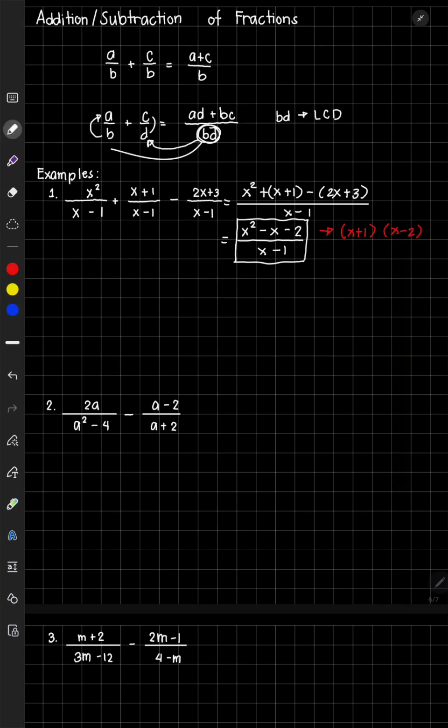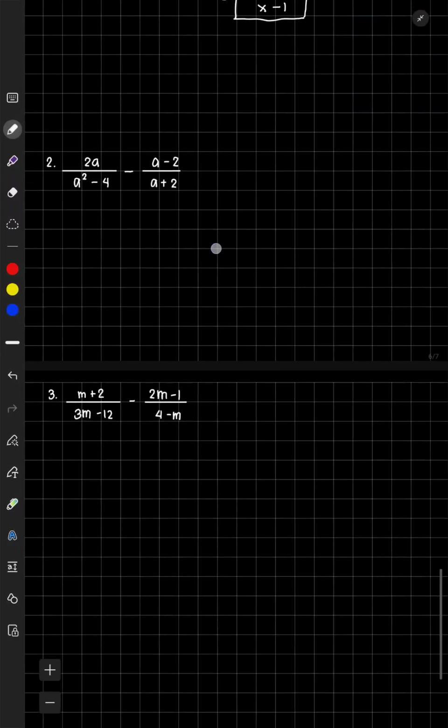So next, example number 2. We have 2a over a squared minus 4, minus 2a minus 2 over a plus 2. So before we get the LCD, we have to find first the factors for each denominator.